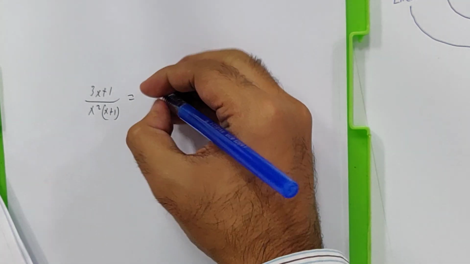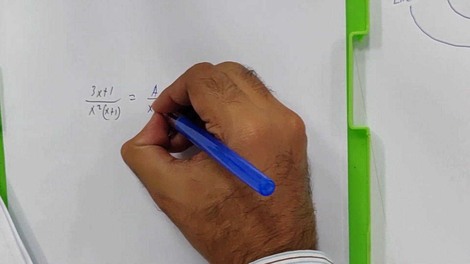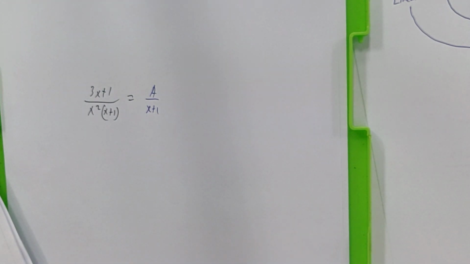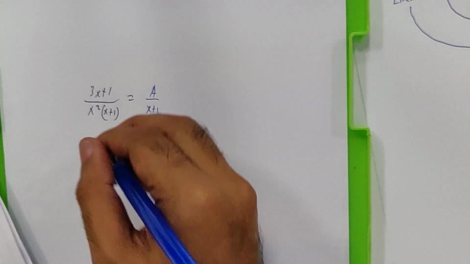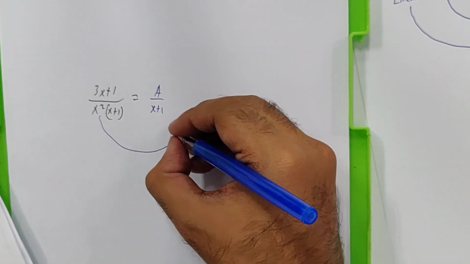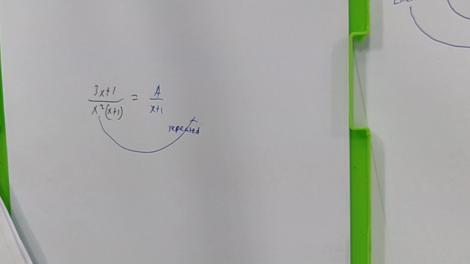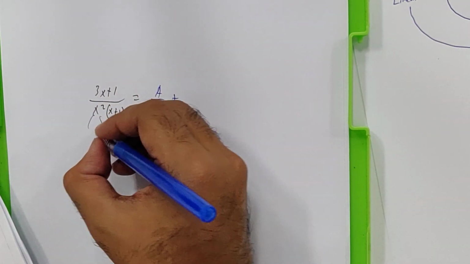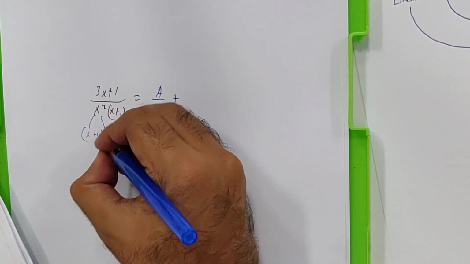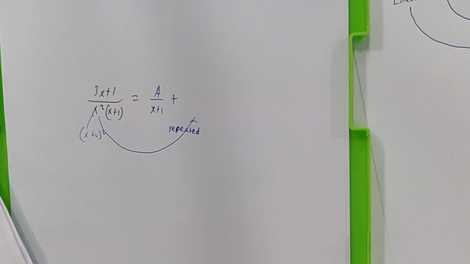Linear. So we can say the easiest one is A over x plus 1. Now what about x squared? Yep, x squared is repeated. So what do you get? How are you going to repeat x squared? Just imagine x squared as x plus 0 squared. Then things get a lot easier.